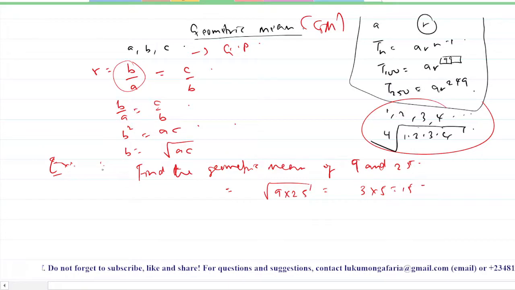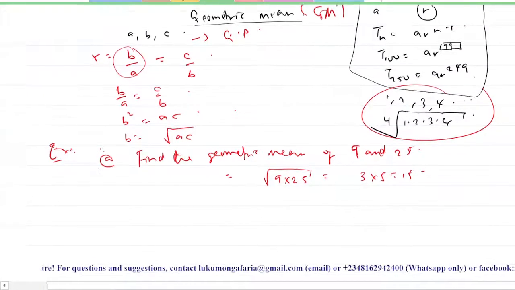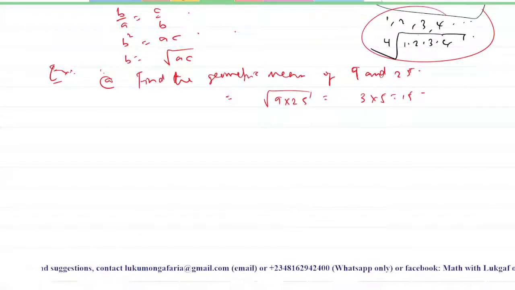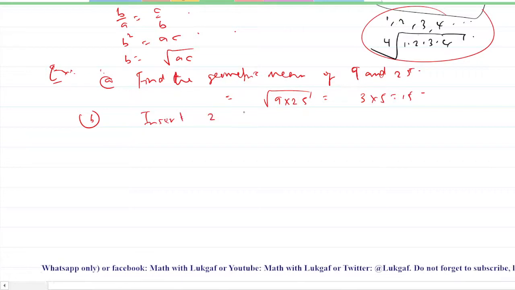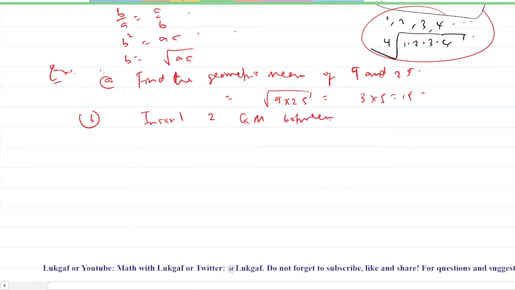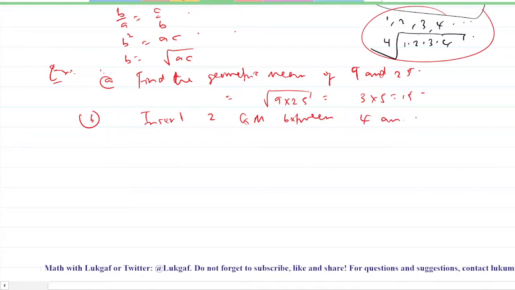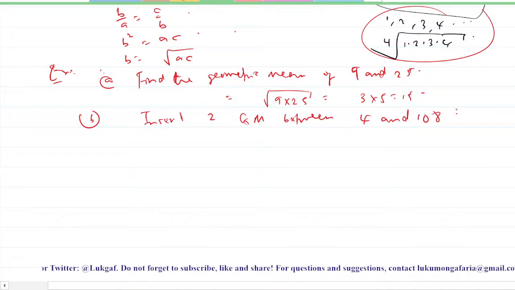Let me give you an example to back it up. The question says: insert two geometric means between 4 and 108. That's not difficult to do.